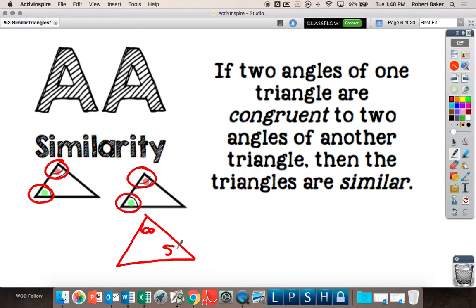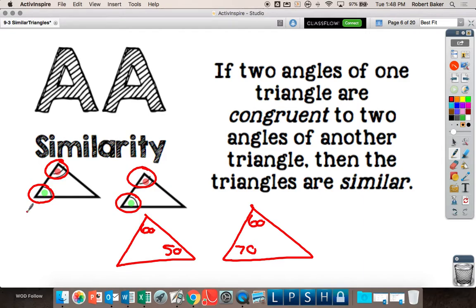So you might see a question that looks like this. 60, 50. Are those 2 triangles similar? Well, how big is the third angle in this triangle? How many degrees are in a triangle? 180.